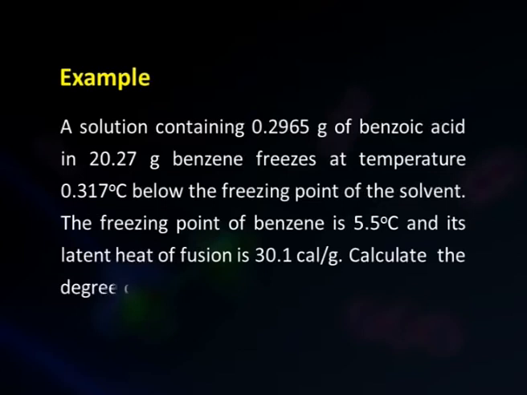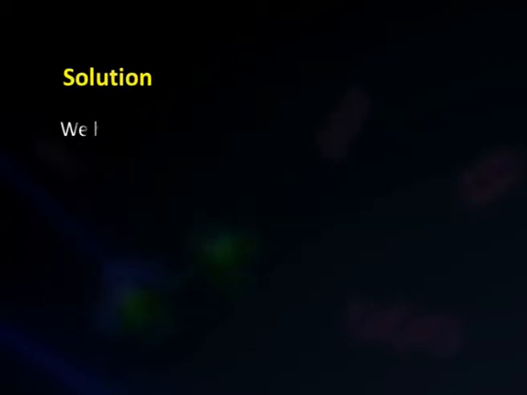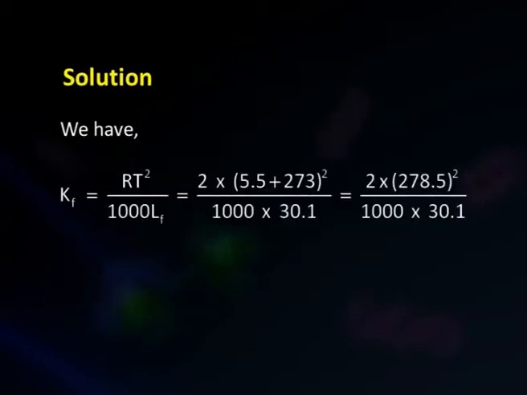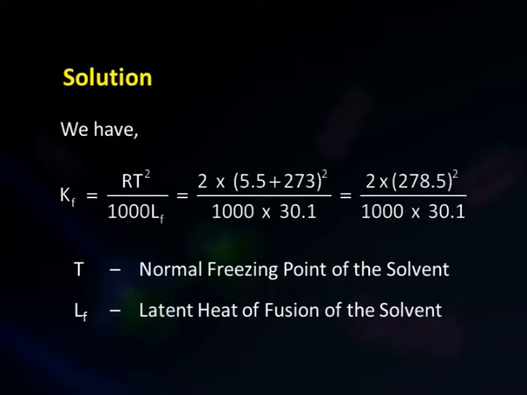Calculate the degree of association of benzoic acid if it forms double the molecules, that is dimer. Now we have Kf is equal to RT square upon 1000 into Lf. Here T is normal freezing point of the solvent and Lf is latent heat of fusion of the solvent.